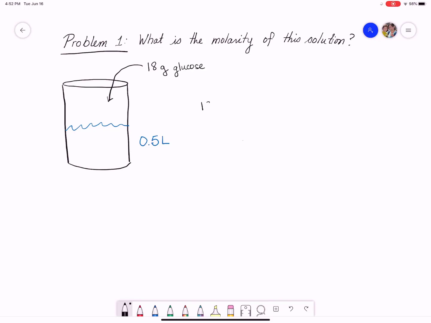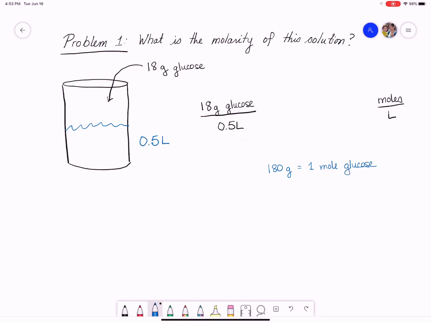So in order to set this up, I start with 18 grams divided by 0.5 liters. Now, to get to molarity, I need to end up with moles per liter, not grams per liter. So I'm going to use my conversion factor of grams to moles. Again, this is invoking the molecular weight of glucose, which I have already said is 180 daltons. So I have 180 grams of glucose equals 1 mole.